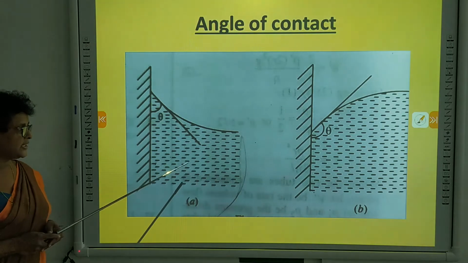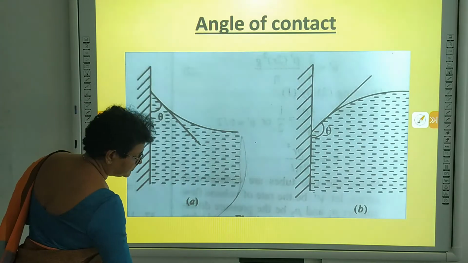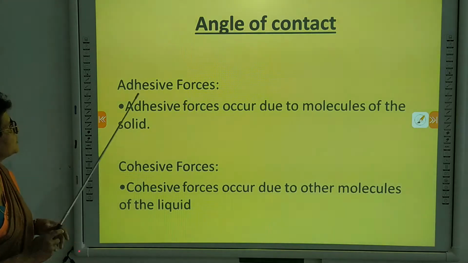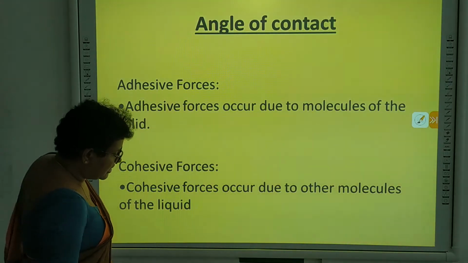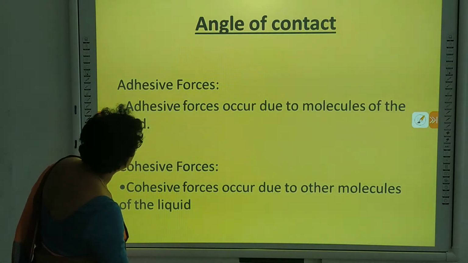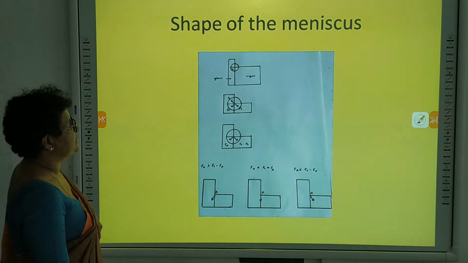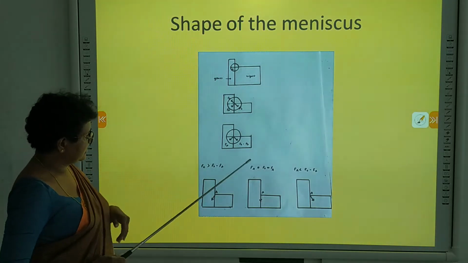Normally the cohesive forces are a little greater than the adhesive forces. Now consider this: the shape of the meniscus we can decide from this contact angle.